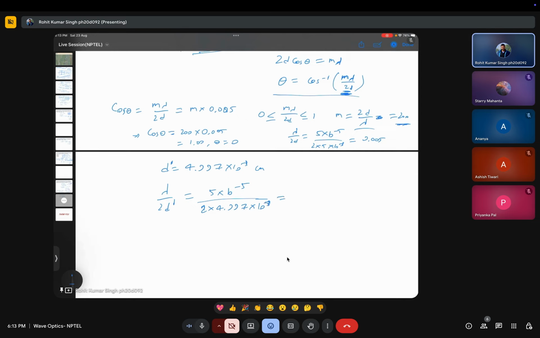So this is 99.4. So 10 to the power minus 3 gets cancelled, you have 10 to the minus 2. So this is 0.005, approximately this will be the value.